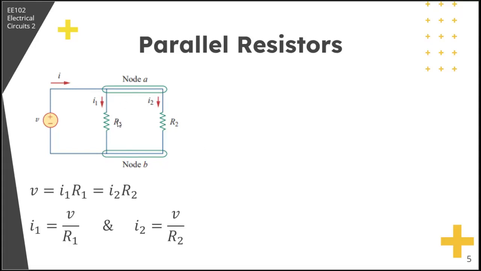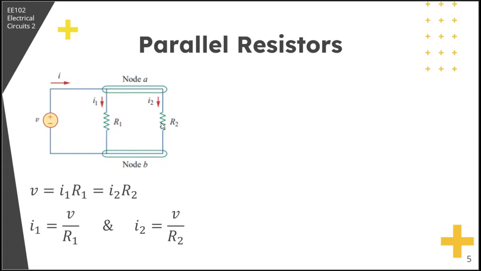Consider this circuit. The two resistors are connected in parallel. Therefore, they have the same voltage across them. From Ohm's law, the voltage across R1 is equal to I1 times R1, and the voltage across R2 is I2 times R2. Since they are in parallel, they are equal.